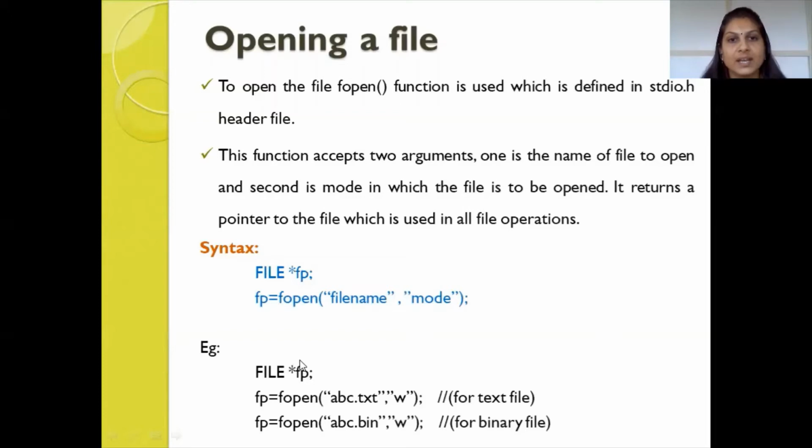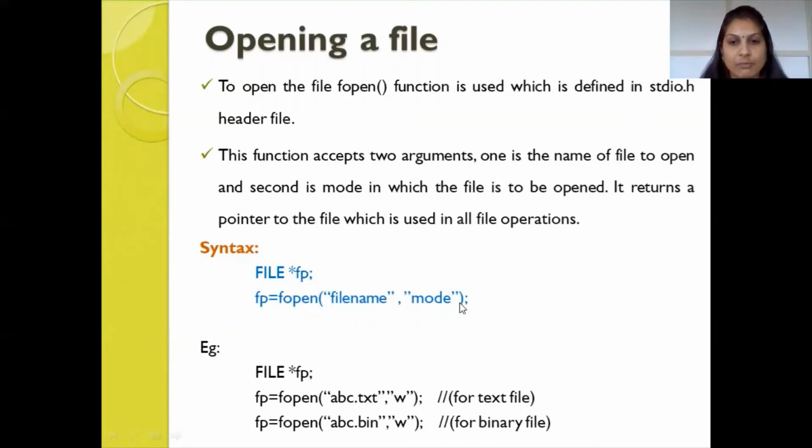F indicates it is used for a file. The fopen function is also available in the header file stdio.h. Now the syntax to open any file is: first create the file pointer, that is FILE star fp, our file pointer, and fp equals fopen.